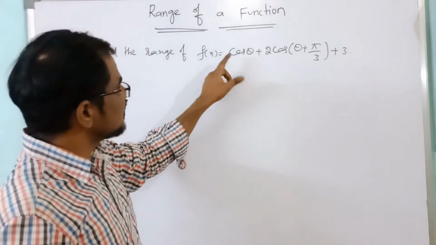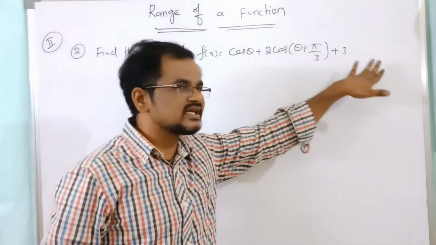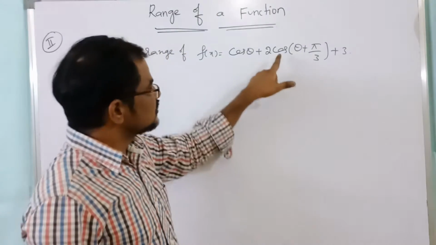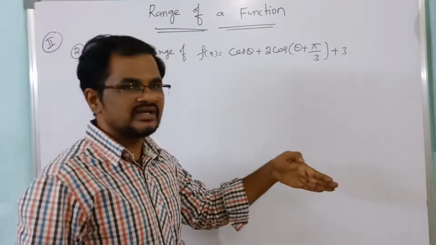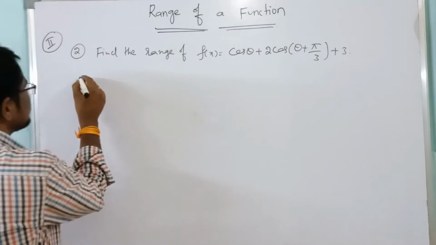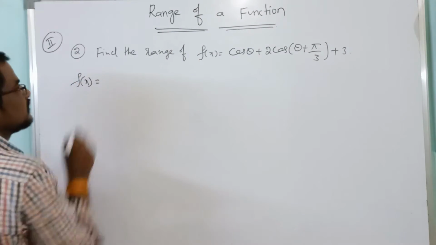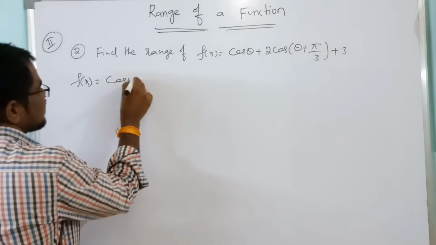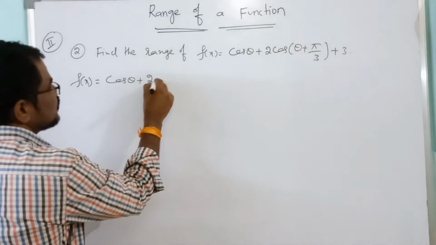In the previous problem, it was directly in the form of a cos x plus b sin x plus c. But this is not in the form of a cos x plus b sin x plus c. So by simplifying this one, we have to convert it into a cos x plus b sin x plus c. For that, we have to do like this. f of theta equal to cos theta plus 2 into cos of theta plus pi by 3.